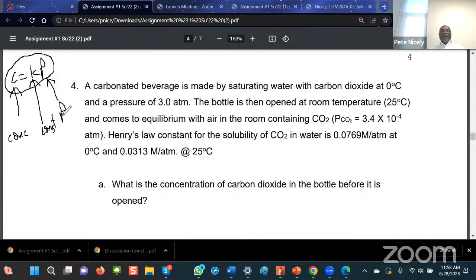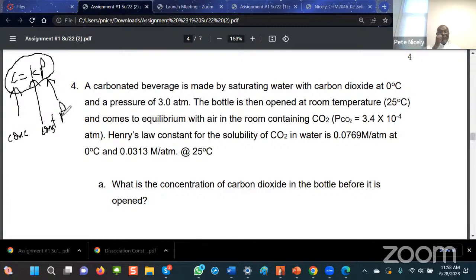And the Henry's law constant for the solubility of CO2 in water is 0.0769 M over ATM at 0 degrees Celsius and 0.0313 M over ATM at 25 degrees Celsius. So the first question is, what is the concentration of carbon dioxide in the bottle before it is opened?